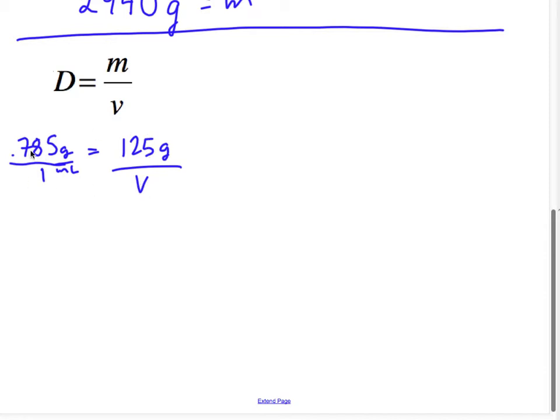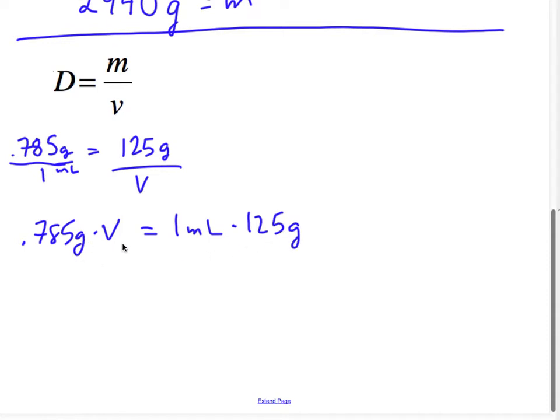So this is 0.785 grams per 1 milliliter, 125 grams per volume. Now I can cross multiply and divide. So I could go 0.785 grams times volume is equal to this cross over here, 1 milliliter times 125 grams.